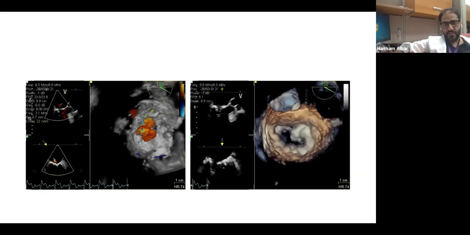The valve choice is intra-annular or supra-annular. With this kind of patient you can go supra-annular, but keep in mind that in the supra-annular position you will have a higher gradient.